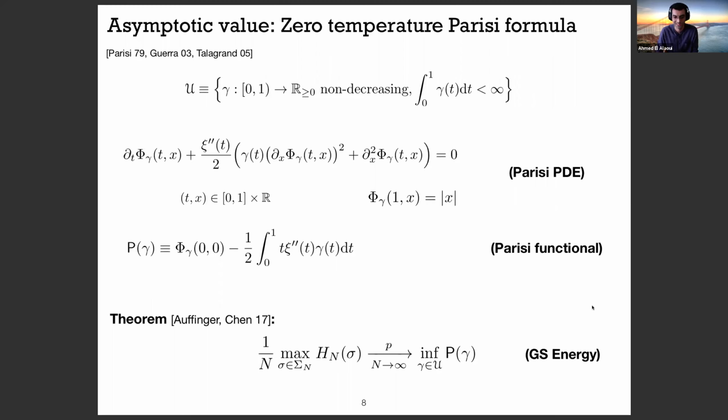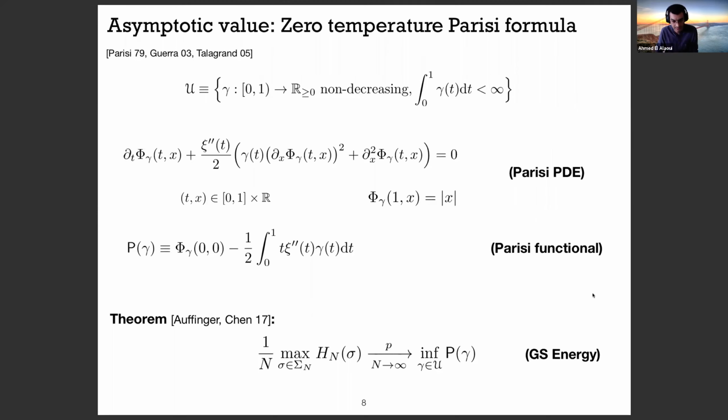The first thing you would think here is, how are these two related? They seem to be very different objects. How does this characterization in terms of nonlinear PDEs and variational problems show up from this discrete problem? That's one of the questions that we'll try to shed light on a bit later in the talk.